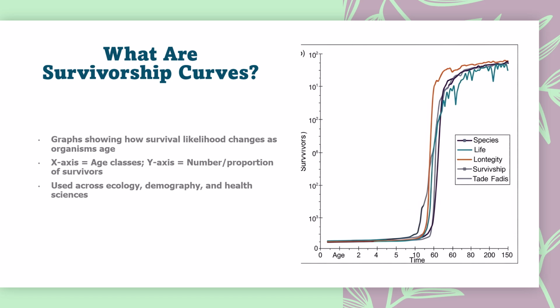This curve helps us detect patterns in mortality and longevity. Just like a fingerprint tells us something unique about a person, survivorship curves tell us unique stories about different species and their survival strategies.